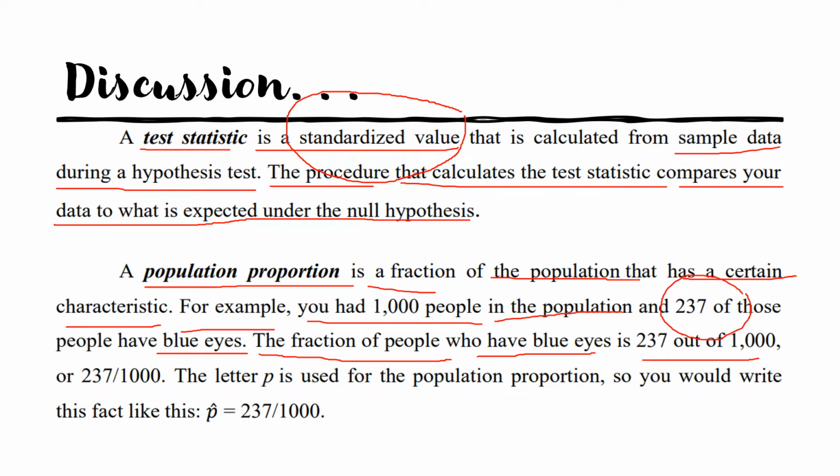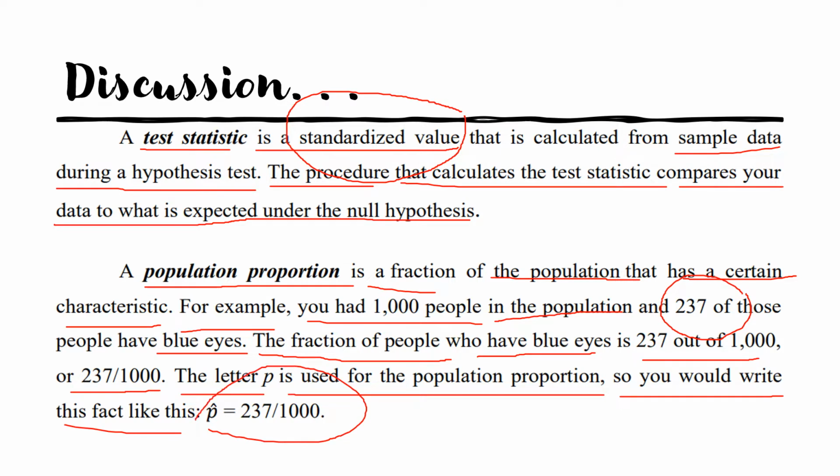To get the value of the population proportion, we simply divide 237 by 1,000. Whatever the result, that will be your population proportion. The letter P is used for the population proportion. So you would write this as p hat equal to 237 over 1,000.